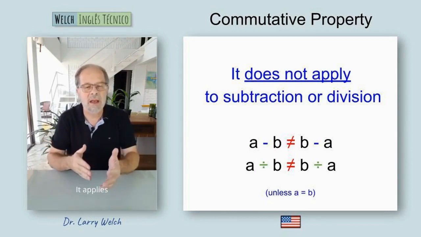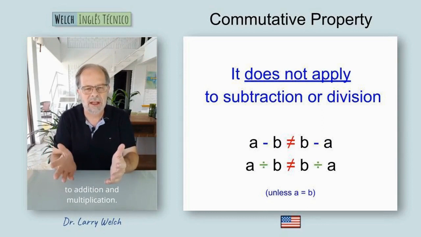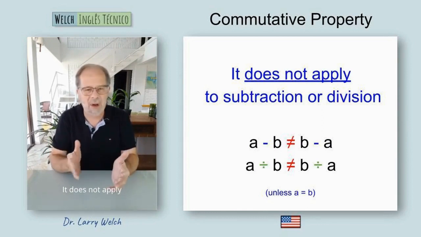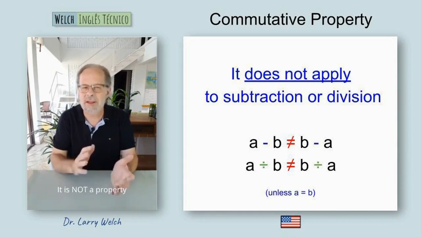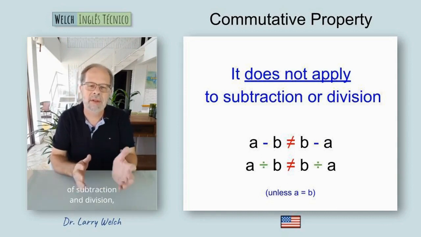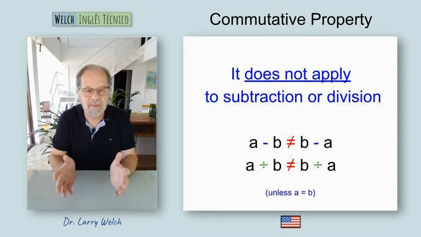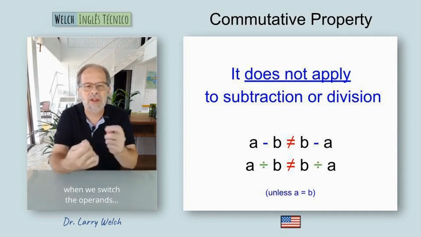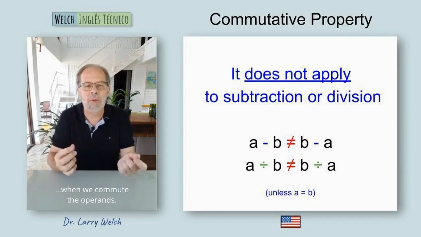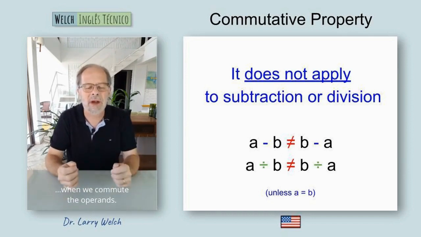As we said, the commutative property is a property of addition and multiplication. It applies to addition and multiplication. It does not apply to subtraction and division. It is not a property of subtraction and division. Why not? Because the answers come out different. The answers are not the same when we switch the operands, when we commute the operands.